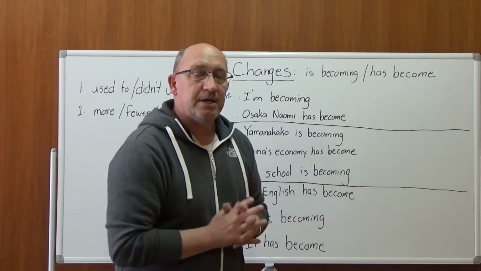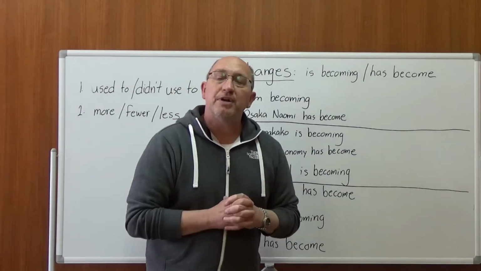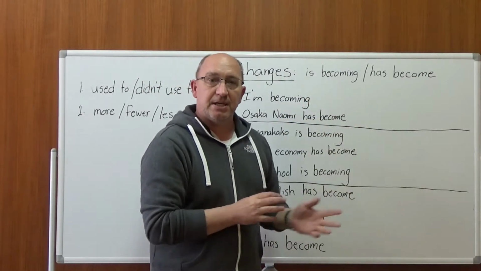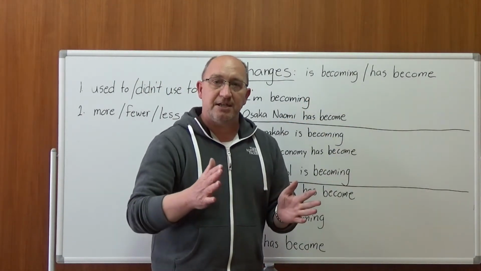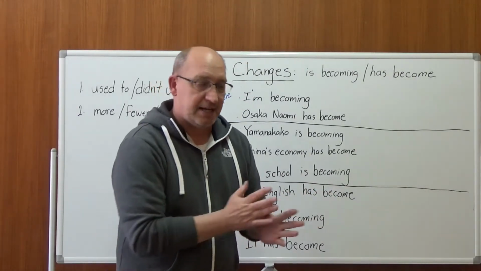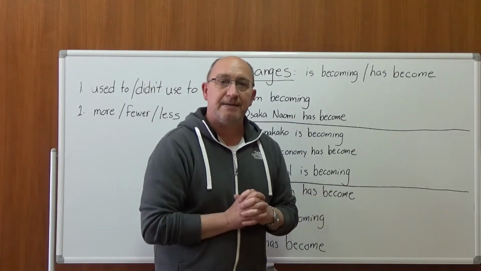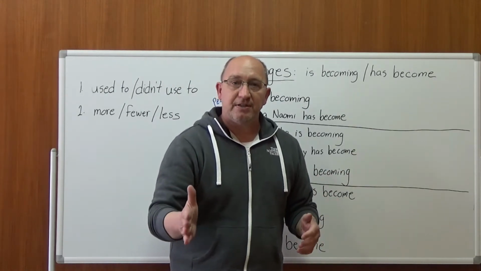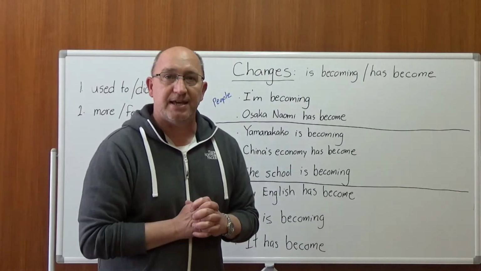Maybe you already understand the difference, but we use is becoming when something is still in the process. It has not finished. It is continuing. We use has become when we have reached the end of that process.